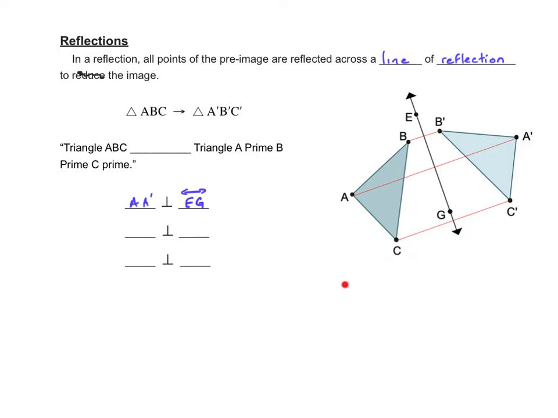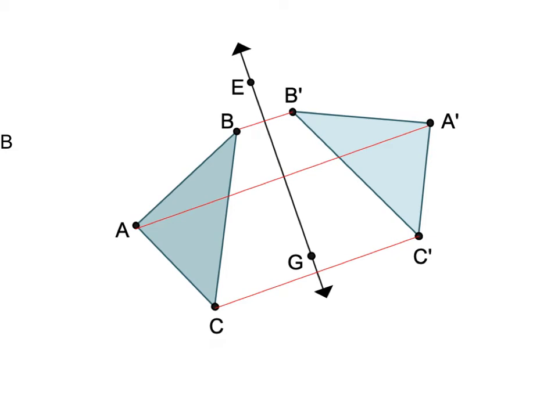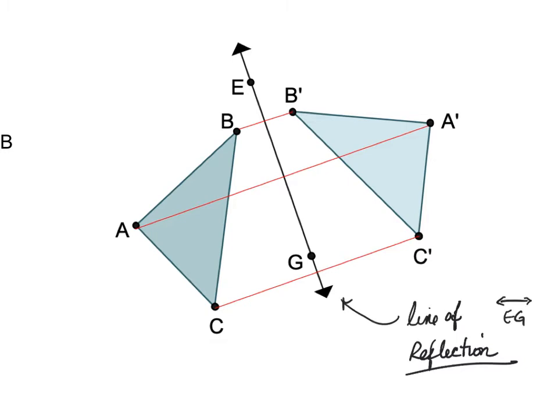Looking at this picture right here, this line would be my line of reflection. Let me write that in here: line of reflection. I'm just going to call it line EG, my line of reflection.